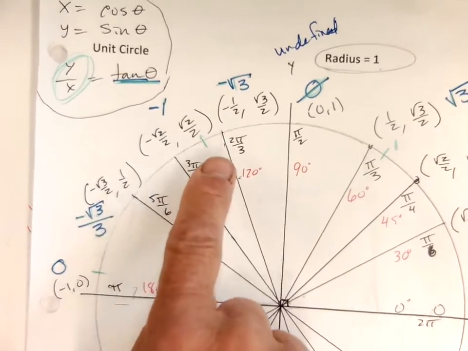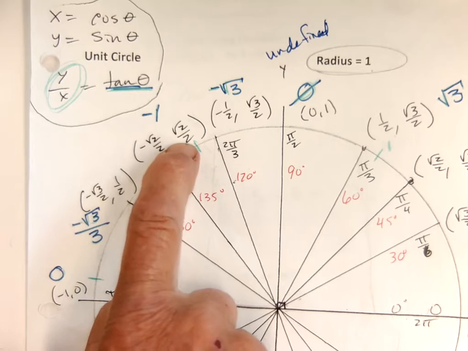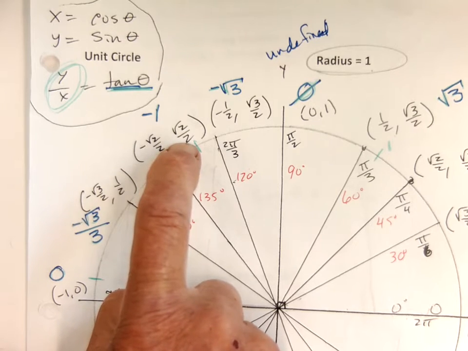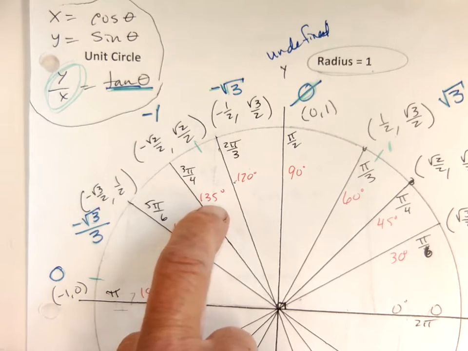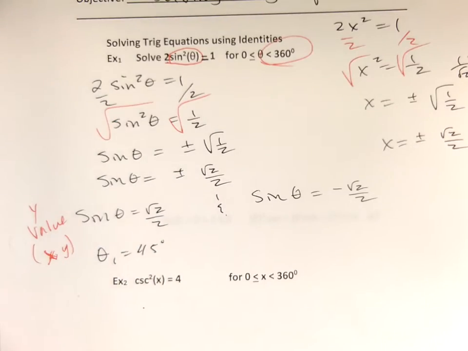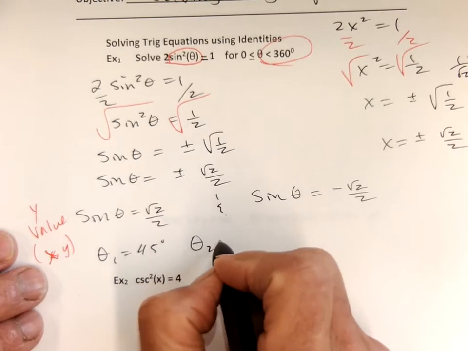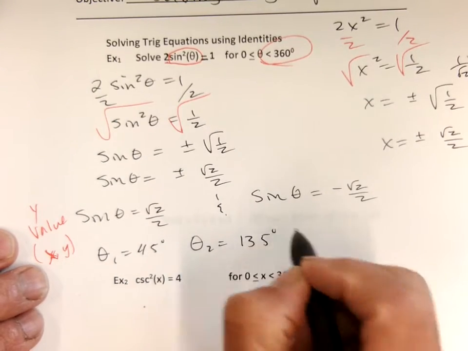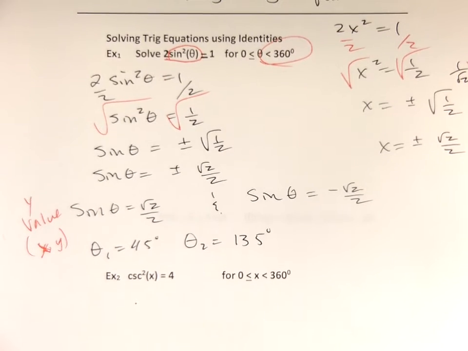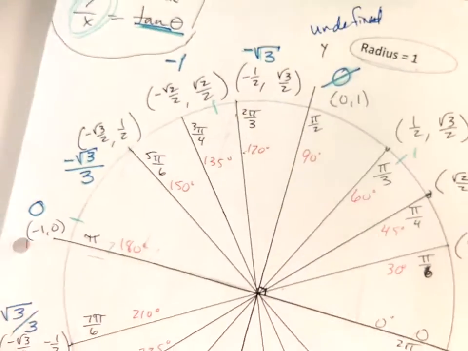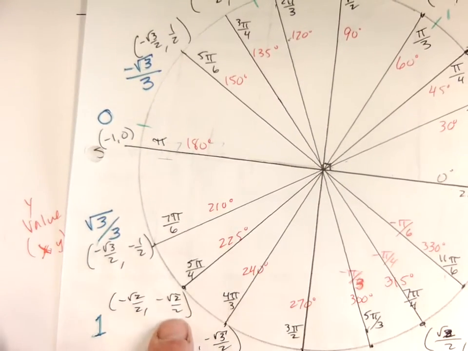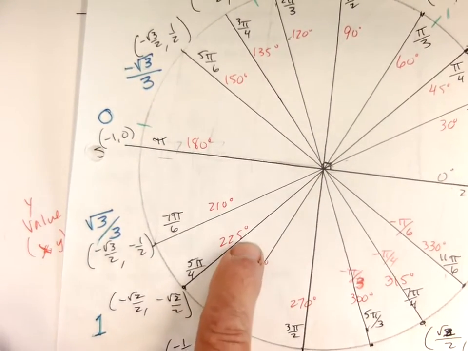It's also right there. There's a y value, the square root of 2 over 2. So I've got another angle, 135 degrees. So theta 2, 135 degrees, okay? Sine of theta equals negative square root of 2 over 2. I think there's a y value right there at 225 degrees, right?